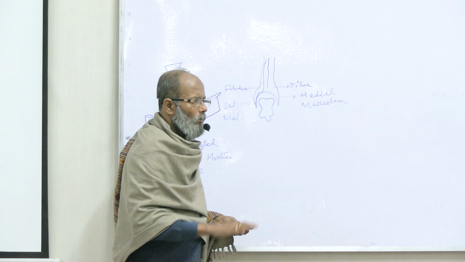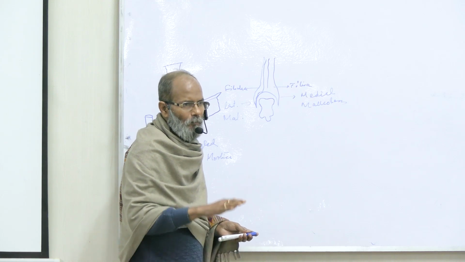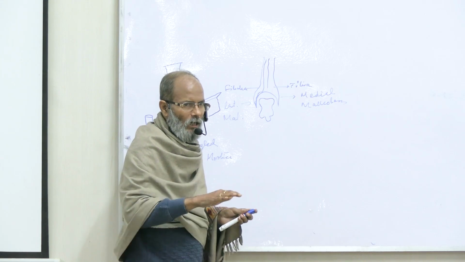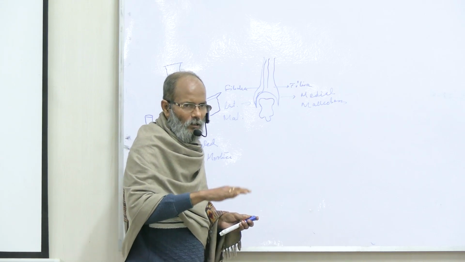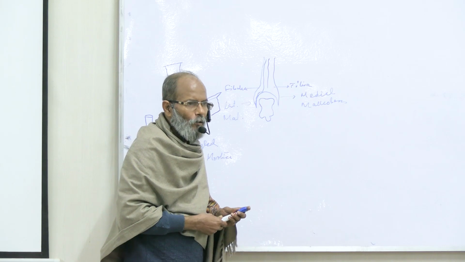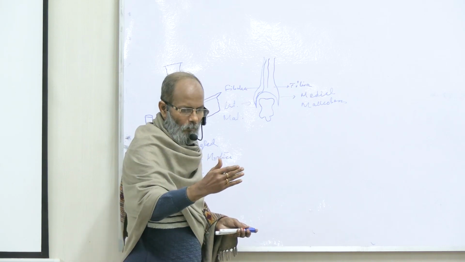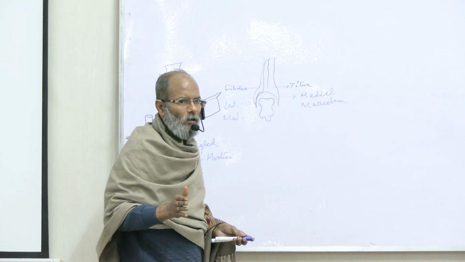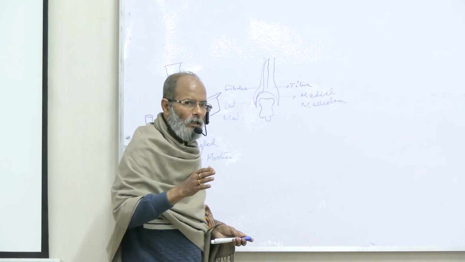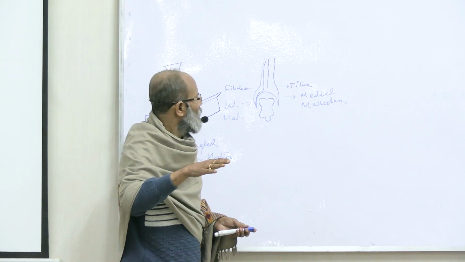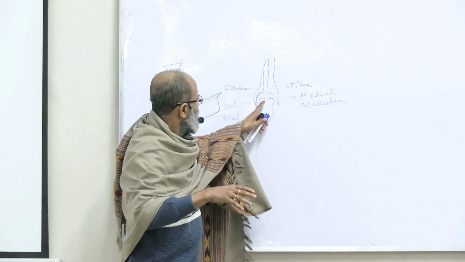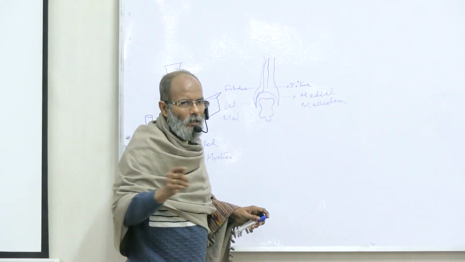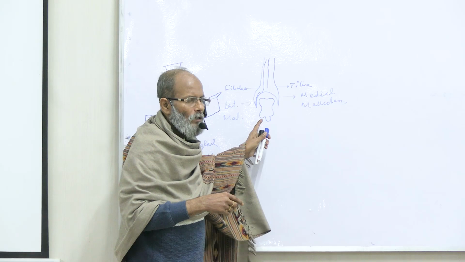Now, from below, we find the dorsal articular surface of the talus. It is convex from before backwards. From side to side, it is concave. The posterior part is small, and the anterior part of this dorsal surface is quite wide.